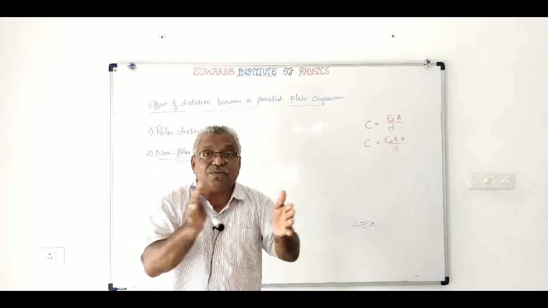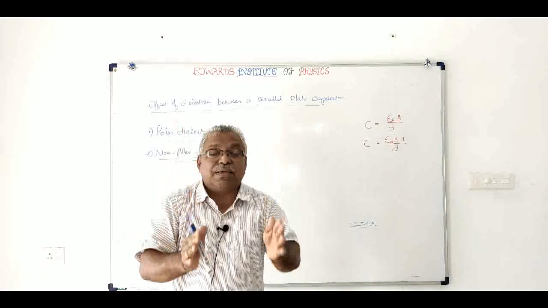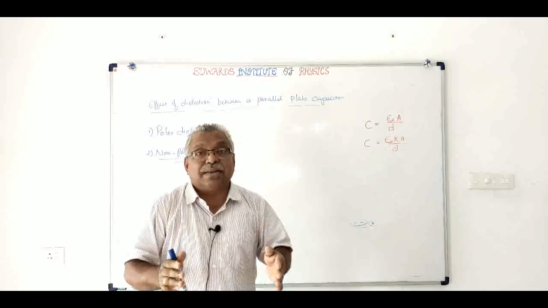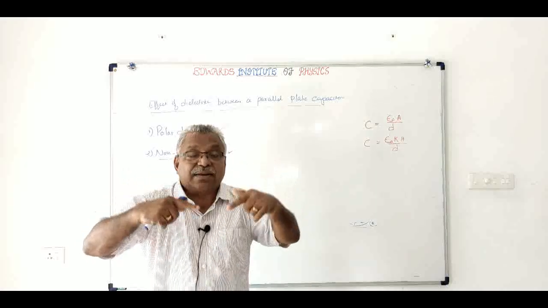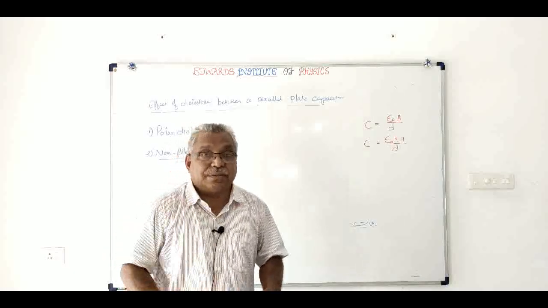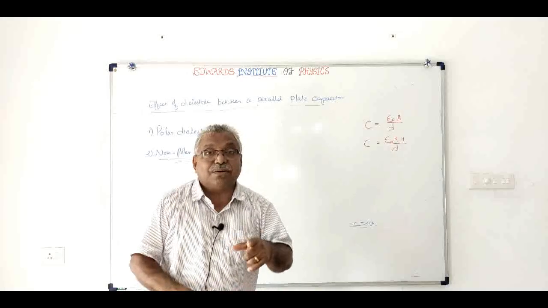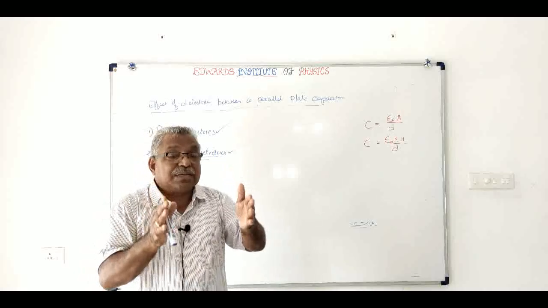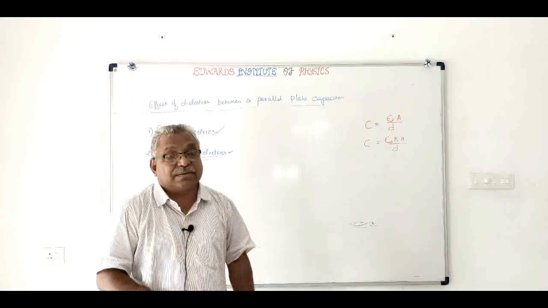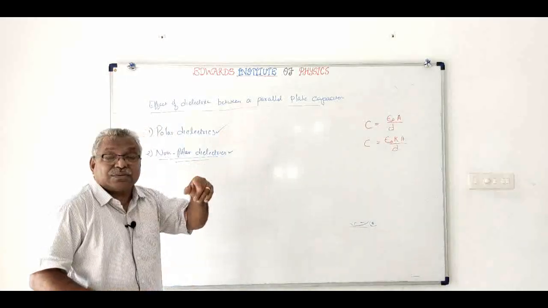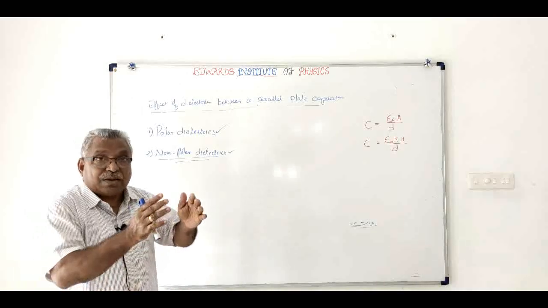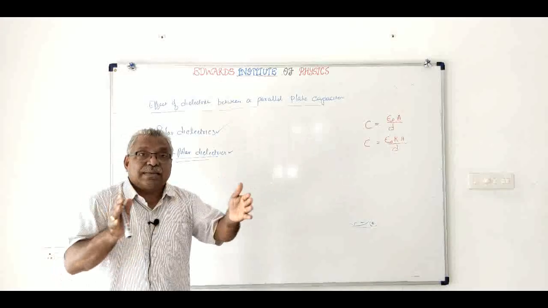There will be a drifting of electrons, and internally there will be an electric field, so that the electric field inside the conductor will become zero. That happened because the electrons are free to move in conductors, but in dielectrics electrons are not free to move, so they cannot polarize in such a way.